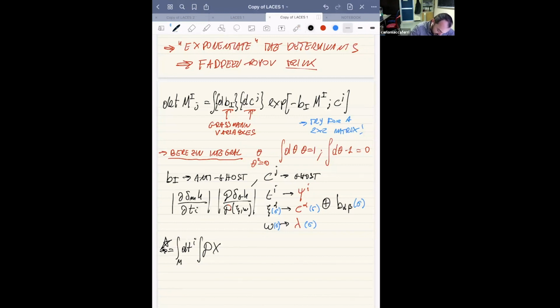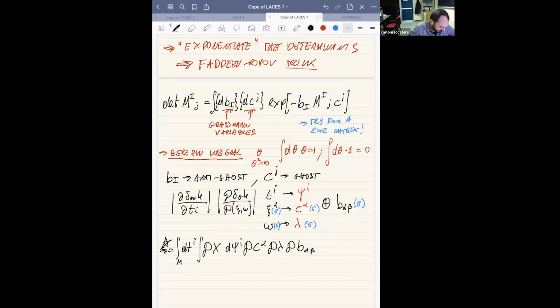So here in particular, I will have to put the d psi_i, dc^alpha, d lambda, and dB_alpha beta.